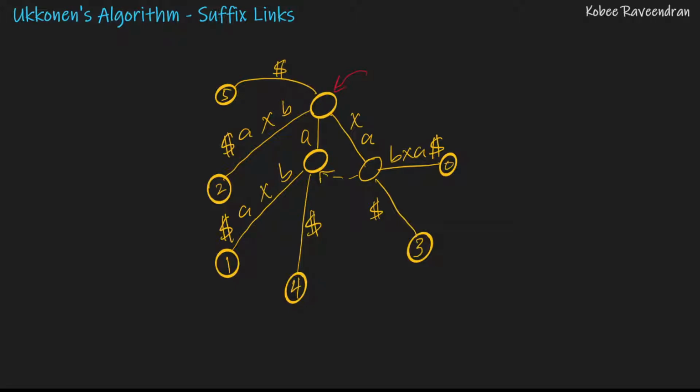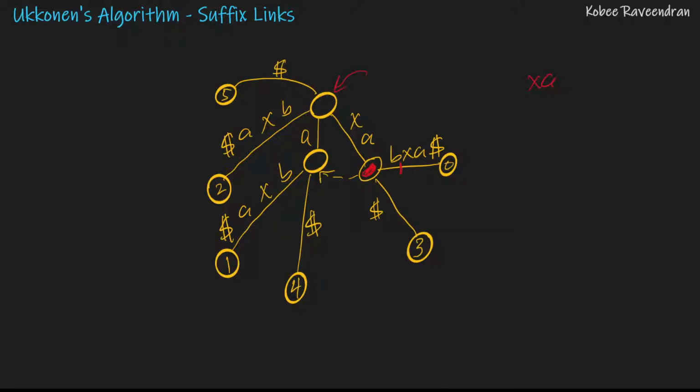But if our active node is ever not the root node, and we need to end up resolving suffixes like we had before, like for example, the repeated XA was a problem, whenever we come to cases like that and the active node isn't the root node, we need a quick way to jump to another internal node. So if we didn't have suffix links, what would happen is, say we had our active point around here, this was our active node.